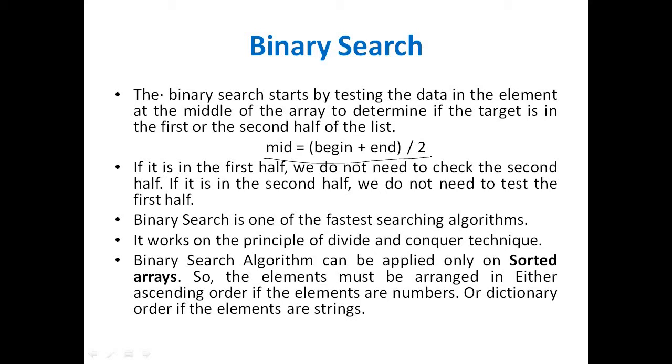It can be calculated by using the formula mid equal to (begin plus end) by 2, by getting the index of the starting cell and the index of the ending cell.